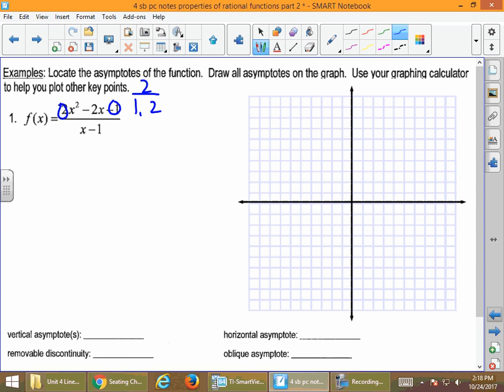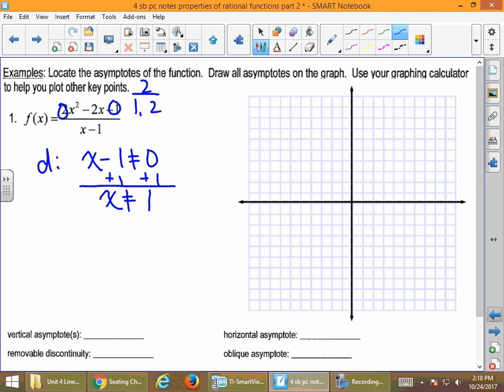So what we need to be concerned about now is our denominator. And our denominator is going to help us determine our domain. And once again, we're going to set x minus 1 not equal to 0. And then we can add 1 to both sides, so we get x doesn't equal 1. Since we can't factor our numerator, we can't cancel anything out.